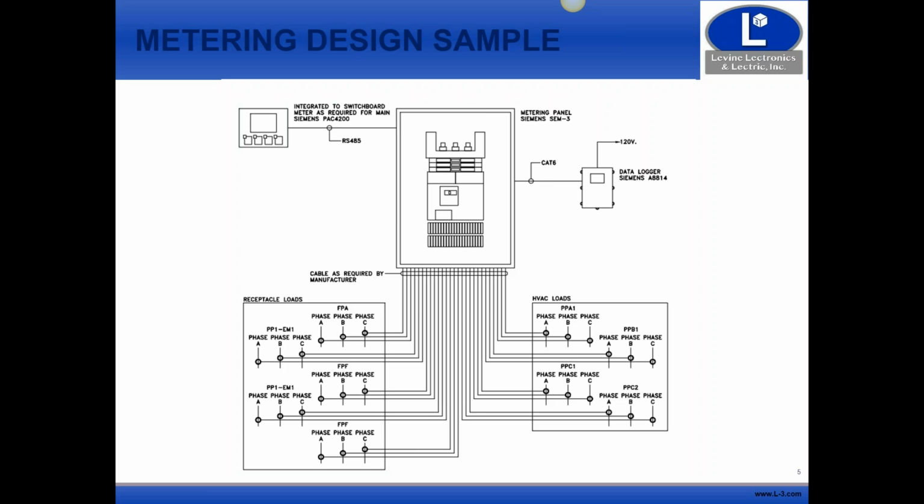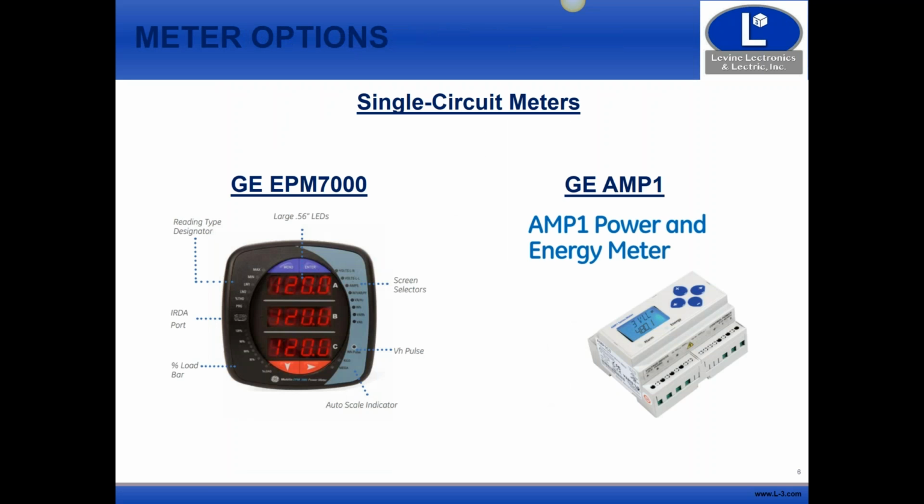We'll talk real quick about a couple of other options. You can have separate meters for each individual panel. They could be Modbus or Ethernet meters from a communications standpoint, or serial RS-485. And these are a couple of the meters here. These are single circuit meters that are going to be at the level of the panel, so they're only going to be covering the main of each individual panel.